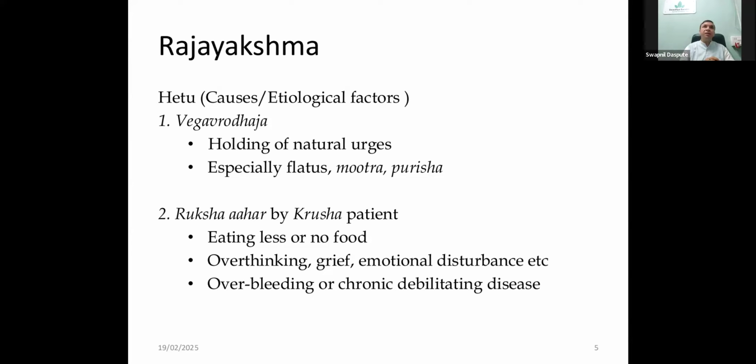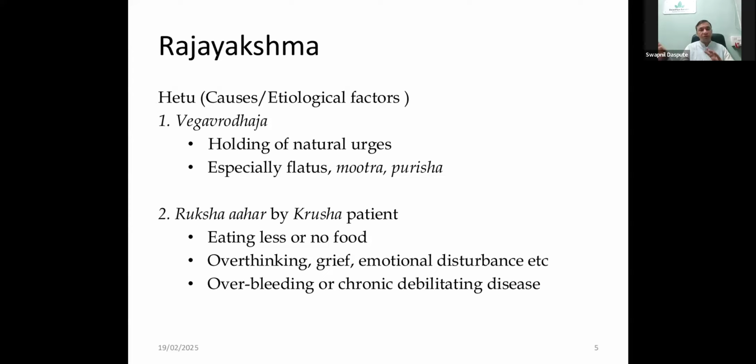So the effect of the next dhatu is going to be seen in the signs and symptoms, and then you understand and realize that it is now no more the disease only related to rasa dhatu. The following dhatus also have got involved, and it may go up to the shukra dhatu also.